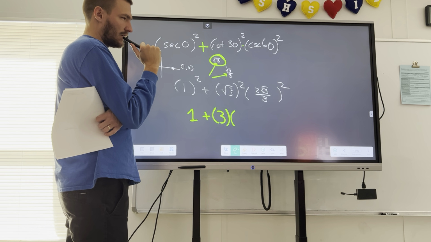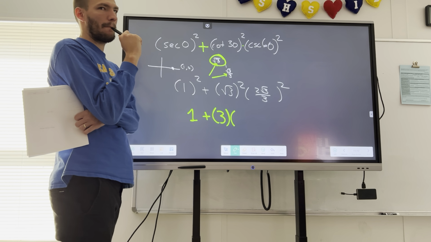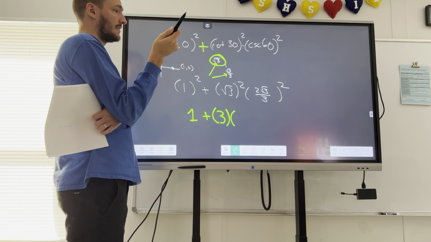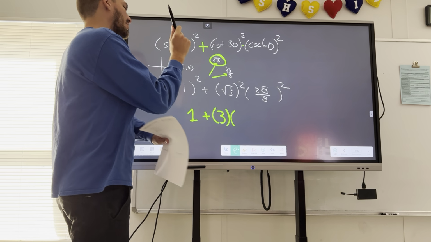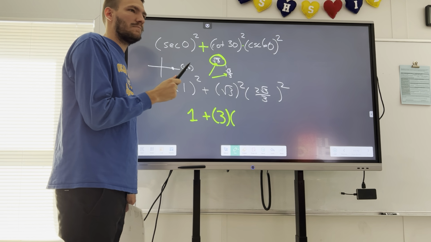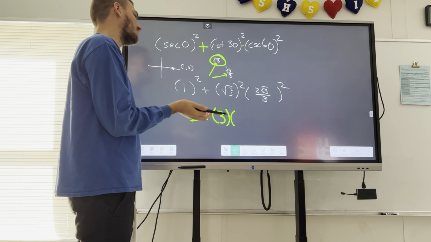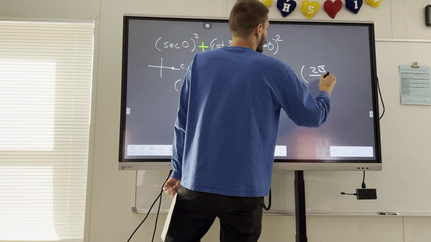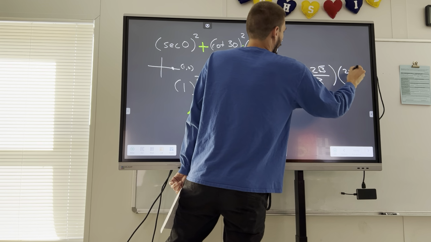Is it a fraction? It is a fraction. So when you square something, and it's a fraction, you just square the top and you square the bottom. So if we square the top, 2 square root 3 over 3 squared, which is multiplied by the same thing.